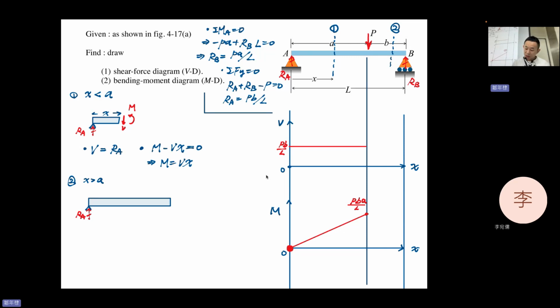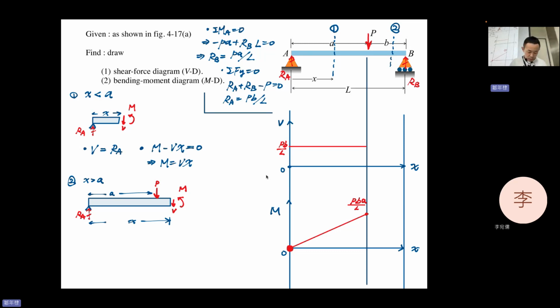Again, we need to leave the left-hand side. Okay, and in the middle, sorry, not middle, x equal to a, we have a P, and this is a, and of course, this is x. X and a, well, different.